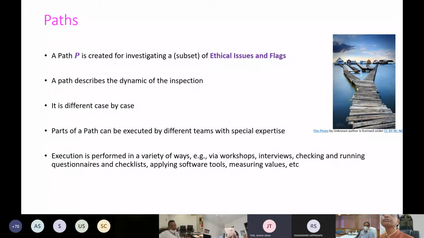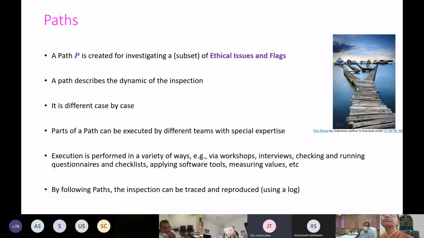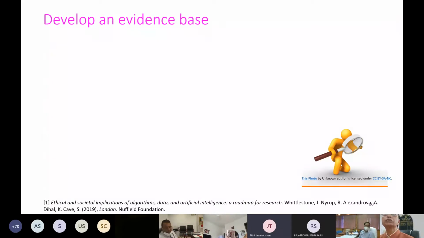For example, via workshops, interviews, running questionnaires and checklists, applying different software tools like explainability tools, and measuring different values and verifying those. Following the path, we note the inspection down in our protocol or log document, so that the inspection can be traced back or reproduced again if needed.